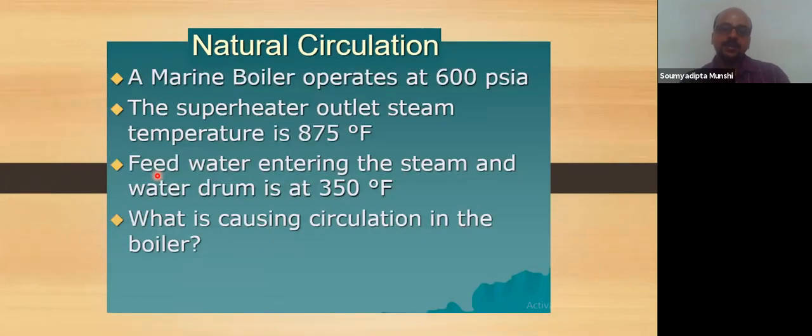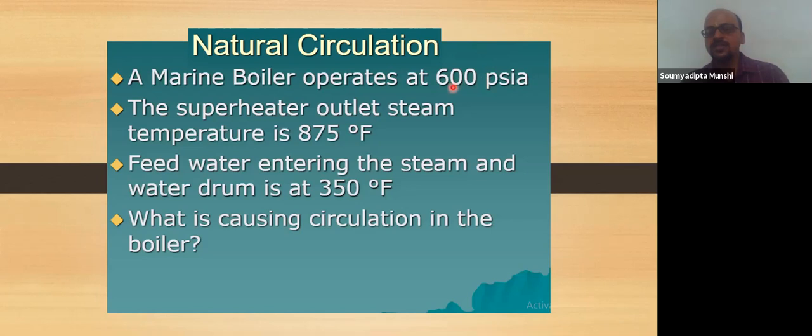Here is a small thing which is written: a marine boiler operates at 60 psia. Psia means pounds per square inch absolute. It is the size rating of a particular boiler.